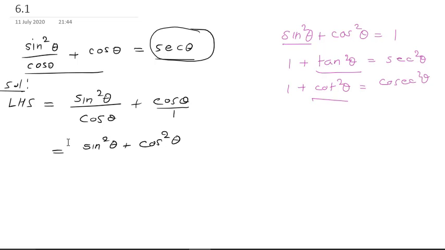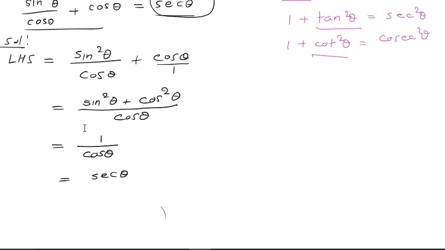So sin square theta plus cos square theta whole divided by cos theta. Now you can see here the first identity is sin square theta plus cos square theta is 1. So I will say this is 1 upon cos theta, and 1 upon cos theta is sec theta. So this is my right hand side. This is RHS. So my left hand side is equal to RHS.